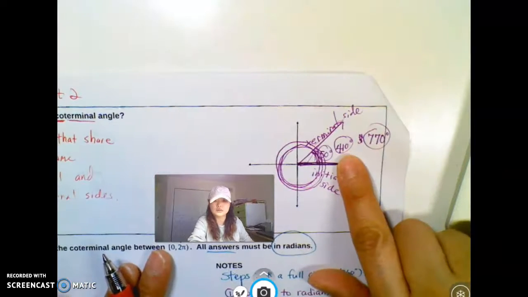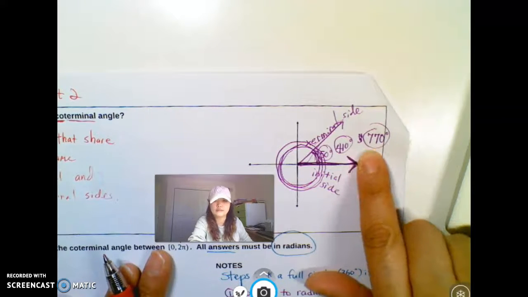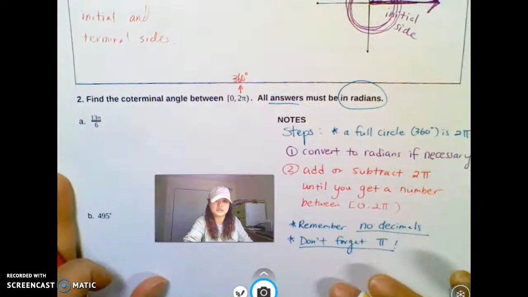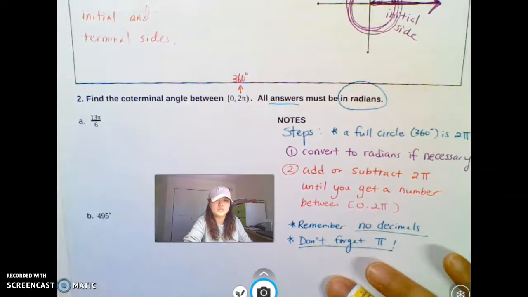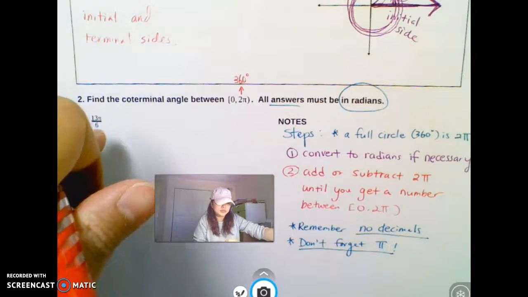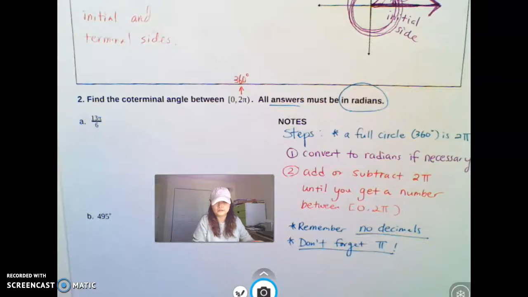Like going back to this, we're giving you something like 410 or 770. So your job is to find the one that is coterminal, that has the exact same initial side and terminal side as these really big or really small angles.